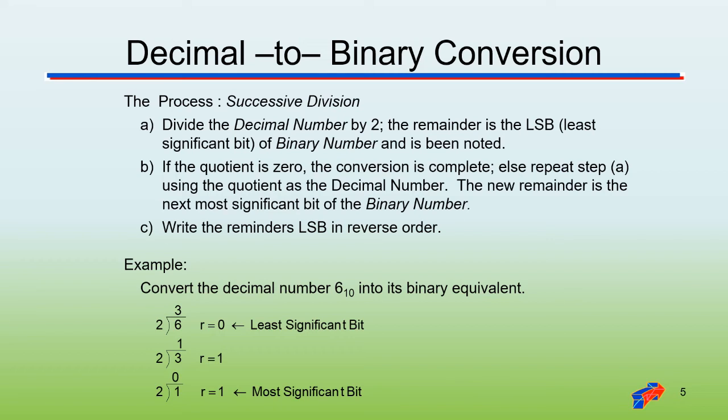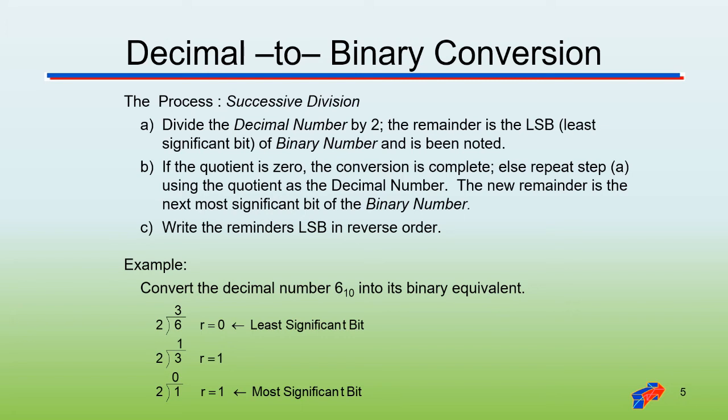Again, we take 3 as dividend, 2 as divisor, and continue the process. We will get 1 as quotient and 1 as remainder, and that remainder is noted down.